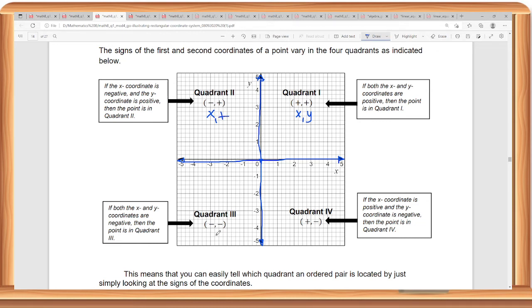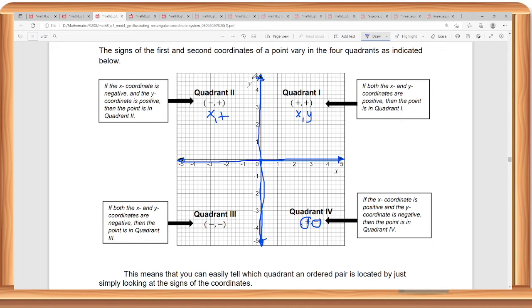For the third quadrant, we have a negative x coordinate and a negative y coordinate. And lastly, for the fourth quadrant, the x is going to the right, so it's positive, and the y coordinate is below 0.